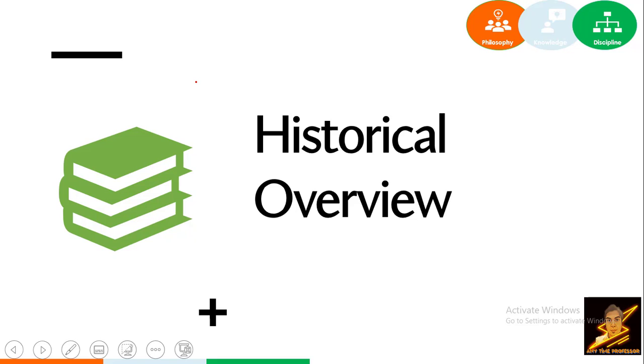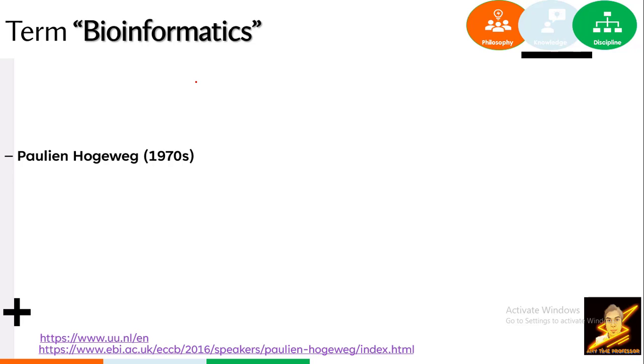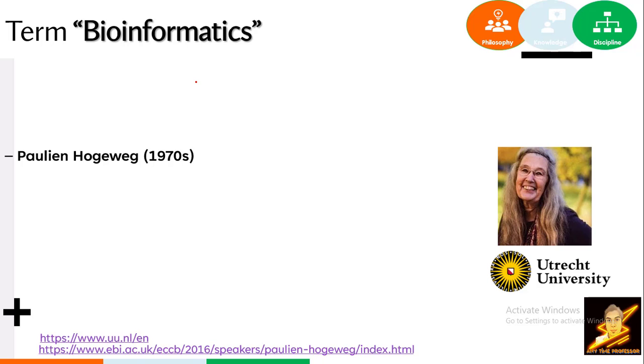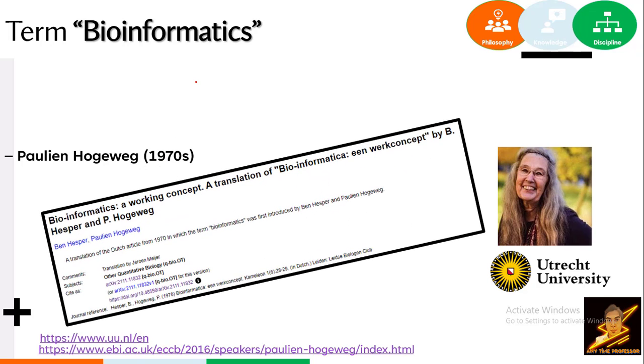After that, we should know who coined the term bioinformatics. There was a lady known as Pauline Hogeweg from the Netherlands who published a paper in her language, not in English, in which she talked about bioinformatica, which was translated into English as bioinformatics, during 1970.